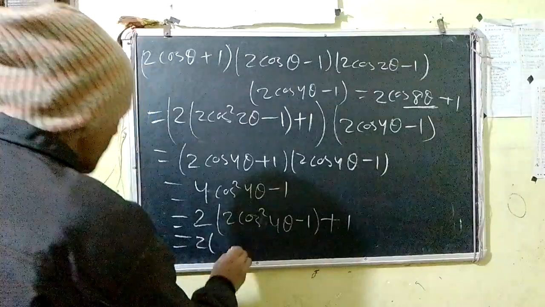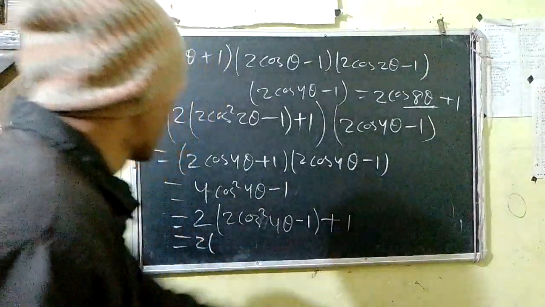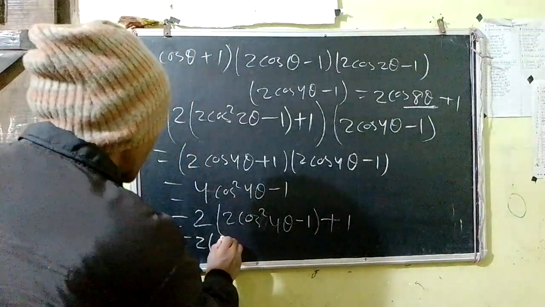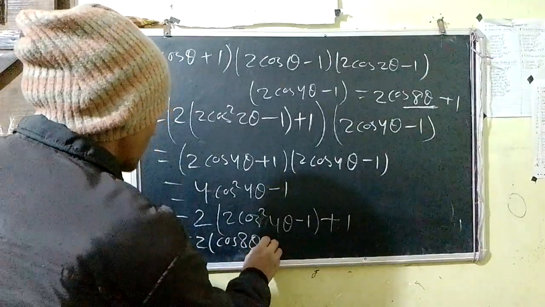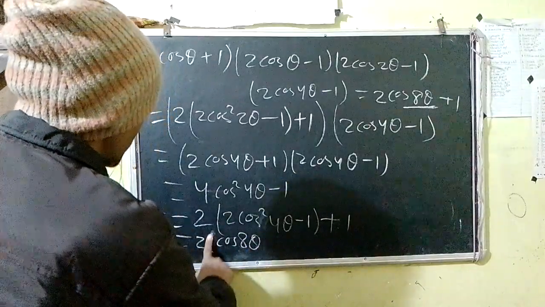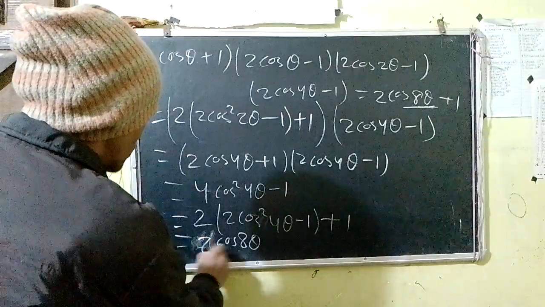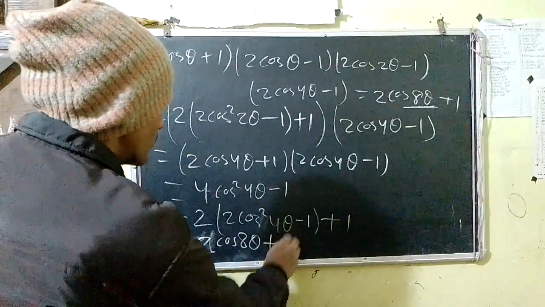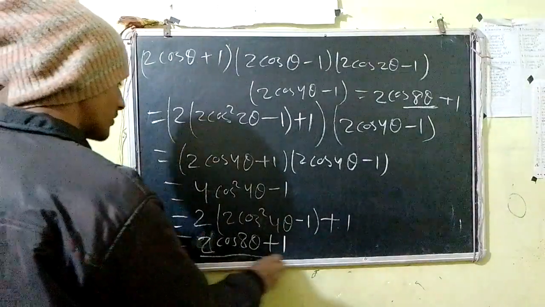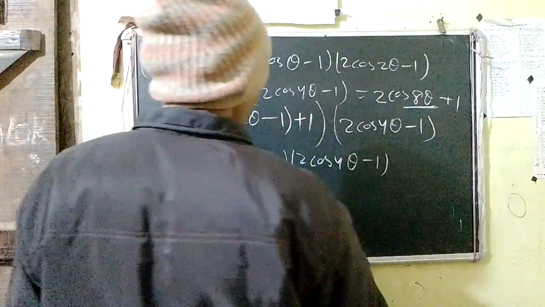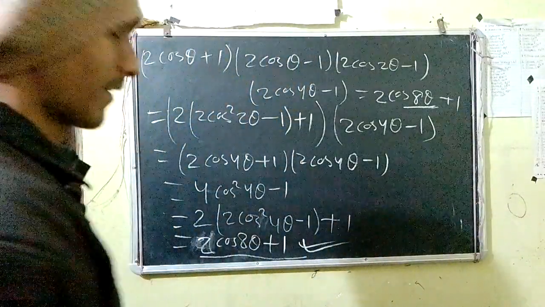So 2 times this thing is again cosine 8 theta. So I can write this as 2 cosine 8 theta, and then plus 1. This is what we wanted to write this into. So we have proven this.